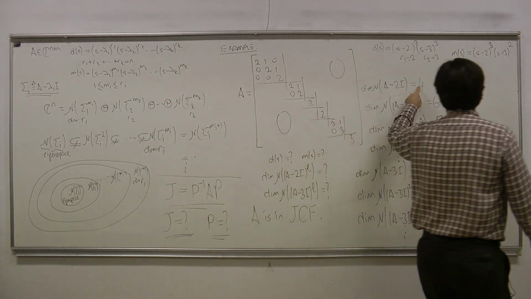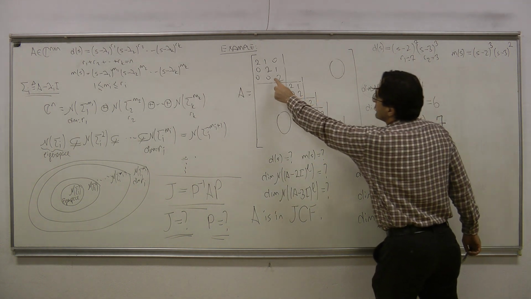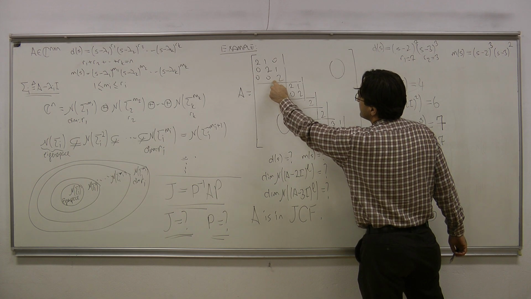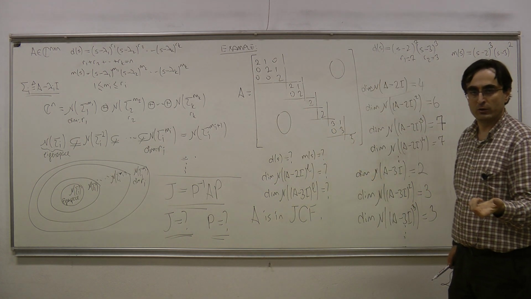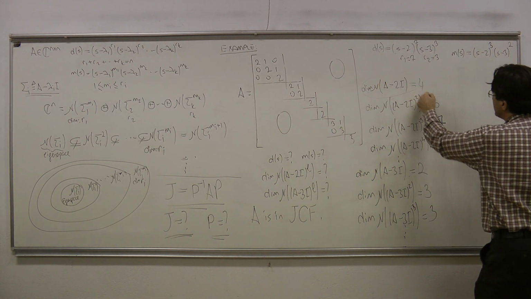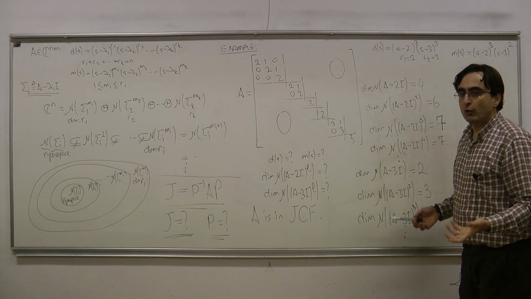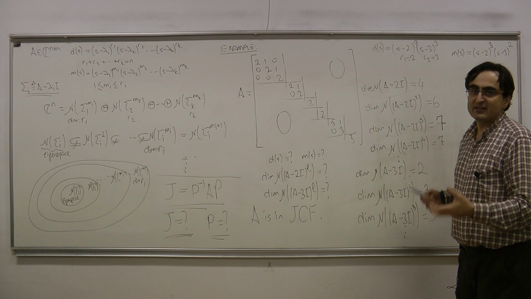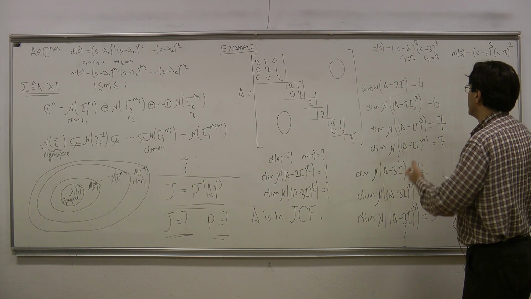This increase from 4 to 6 happened because of these 2 blocks. And each of these 2 blocks has size larger than or equal to 2. Okay? Therefore, this increase gives us the number of Jordan blocks belonging to the eigenvalue 2 whose size is larger than or equal to 2.